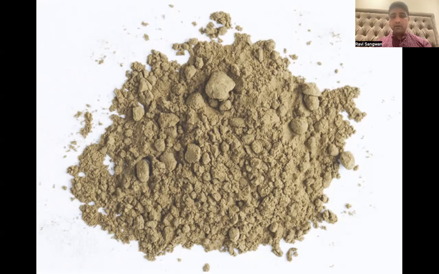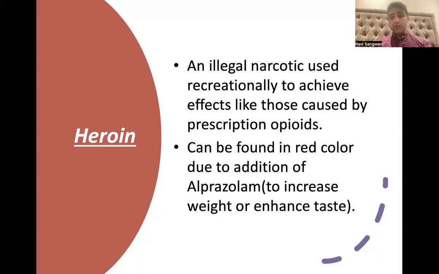This we got from criminals. And heroin is an illegal narcotic used recreationally to achieve effects like those caused by prescription opioids. Heroin also comes from opium poppy plants.